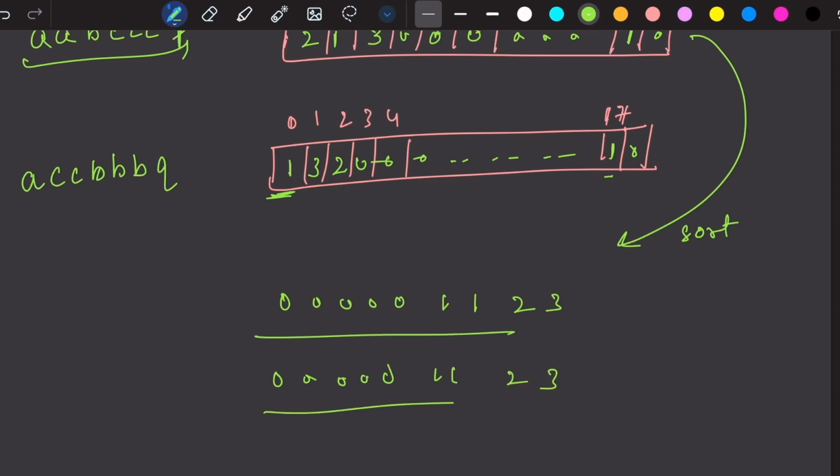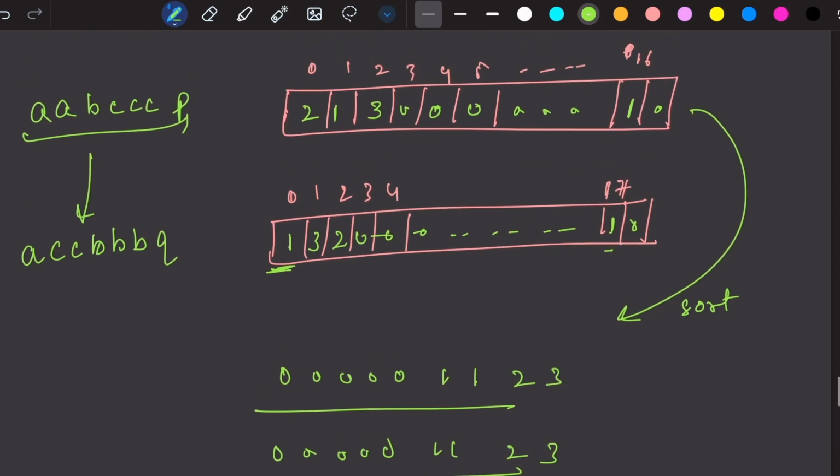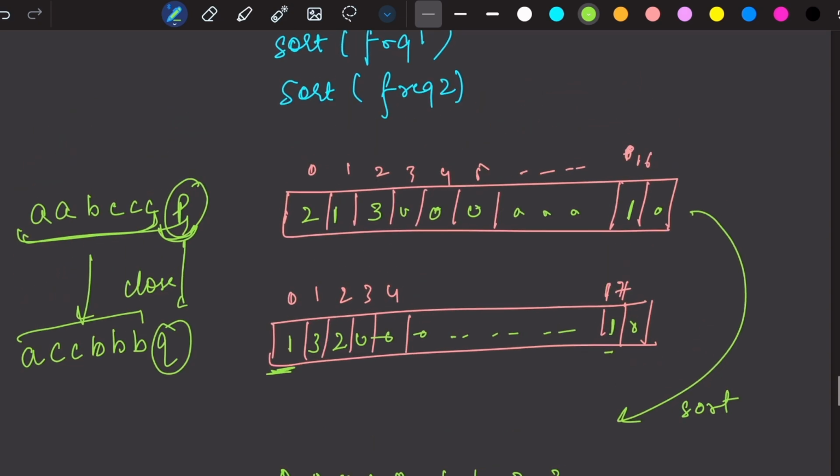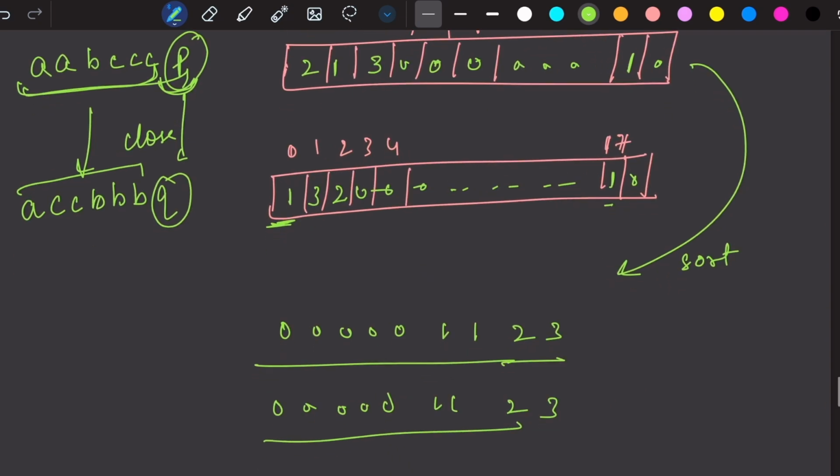They both will be equal, but can we say these both are close? No, because we have this character: this p cannot become q. This part can be close, but this will not be, right? So how can we check this? Sorting will harm this for extra characters that we have not discussed earlier.